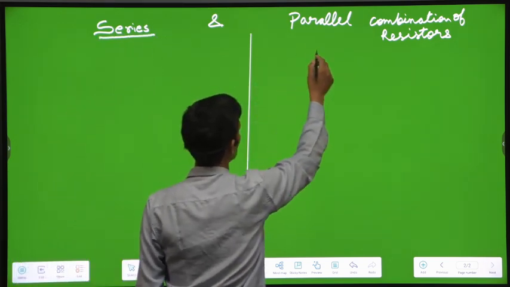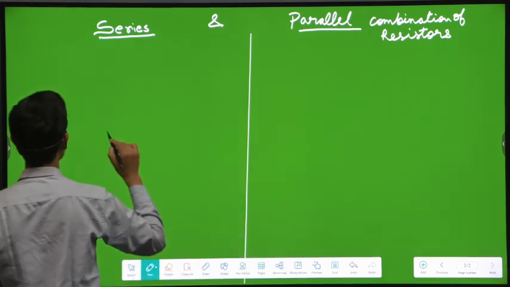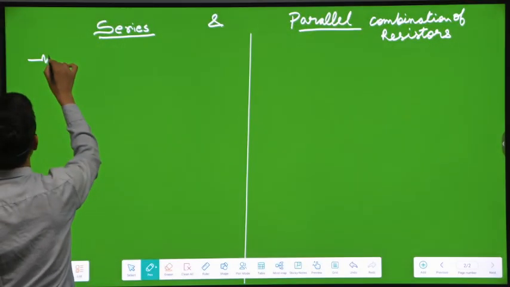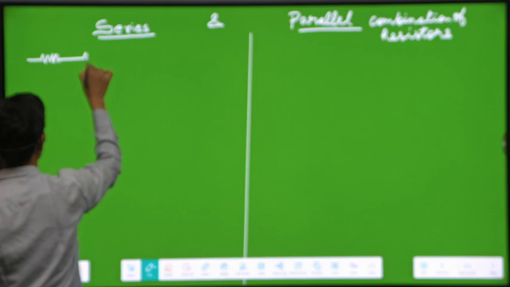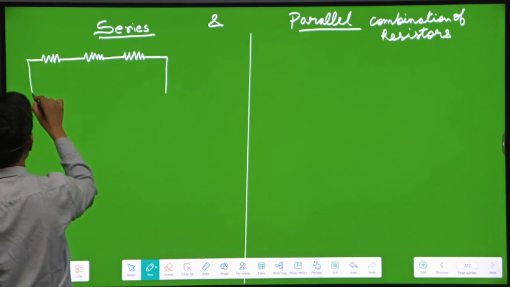So I'm taking a condition, I'm taking 3 resistors. There can be 2, there can be 4, there can be more than that, but I'm taking 3.